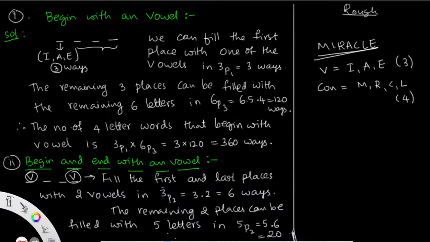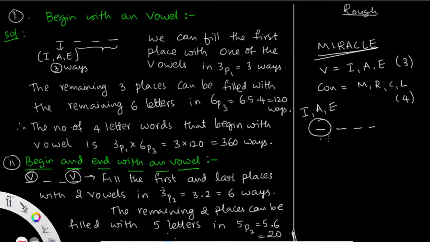Begin with a vowel means, to get a 4-letter word beginning with a vowel, the first place can be filled with one of the 3 vowels. How many ways can we fill this place? We can fill the first place with one of the vowels.